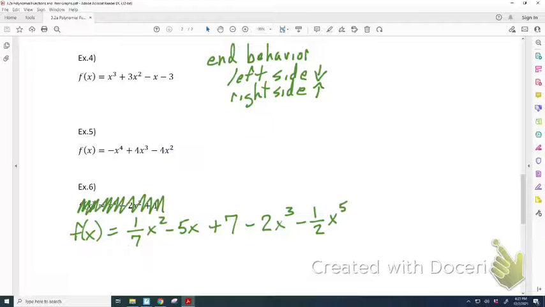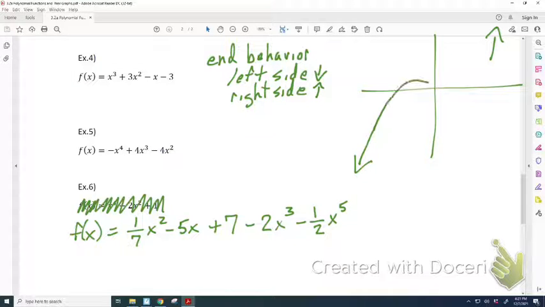If you're confused right now, like what in the world we're doing, imagine an XY coordinate plane. Down here it's going down. On the right it's going up. And it does some more stuff in between. It does something like this actually. But we'll deal with the middle next week. Right now I'm only worried about the left and the right.